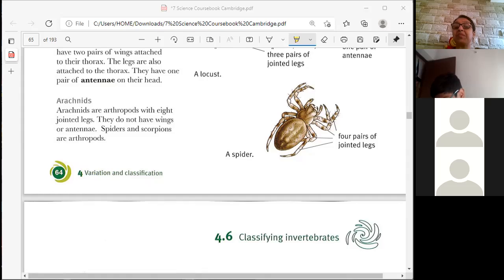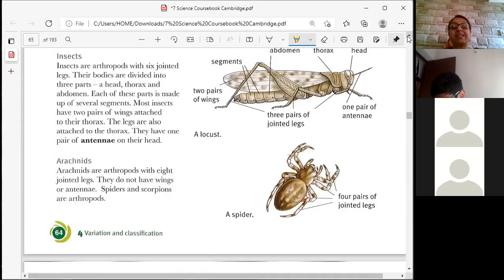And Shramila, we are learning about arthropods. The first category of arthropods is the insects, and the second category is arachnids. And we are saying how arachnids are different from the insects. Both come in the same category, that is arthropods. But the difference between insects and arachnids is insects have 6 joint legs, arachnids have 8 joint legs.